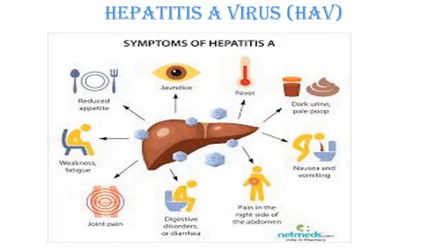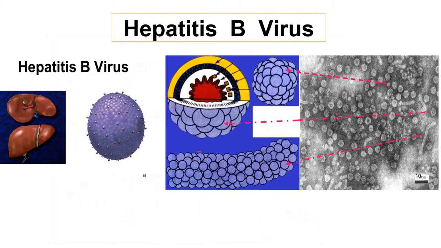Also flu-like symptoms, that is fever, which is one of the symptoms of the hepatitis A virus. Thus hepatitis A virus shows certain characteristics, certain symptoms which are different from the rest of the viruses.